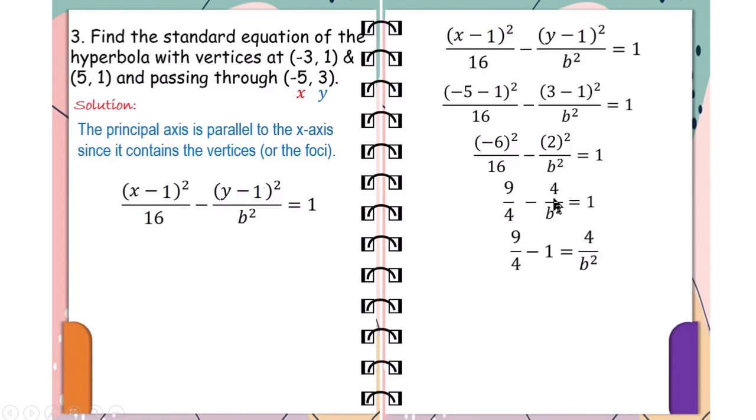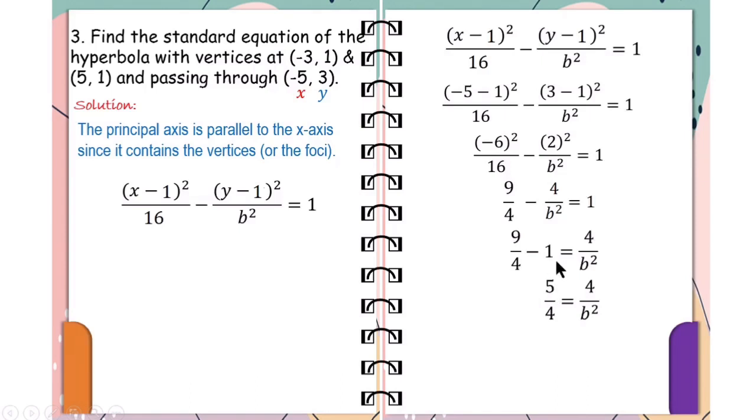From -4 over b squared to +4 over b squared, and from +1 to -1. Simplify the left side. 9 over 4 minus 1 is 5 over 4. 4 times 1 is 4, and 9 minus 4 is 5 over 4.